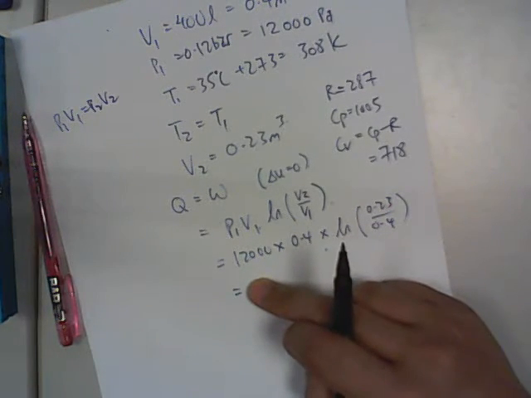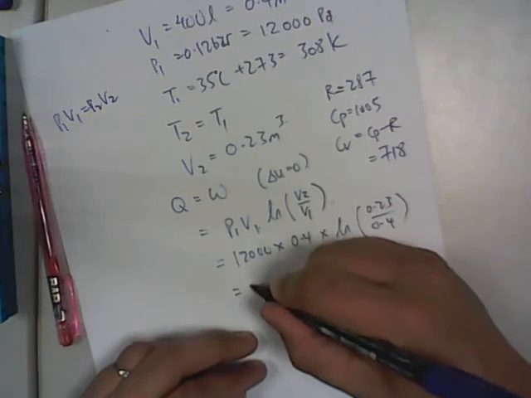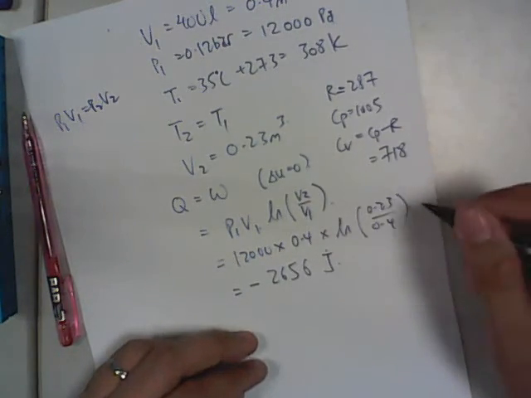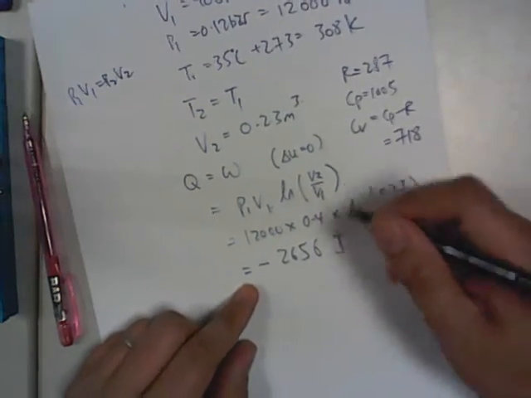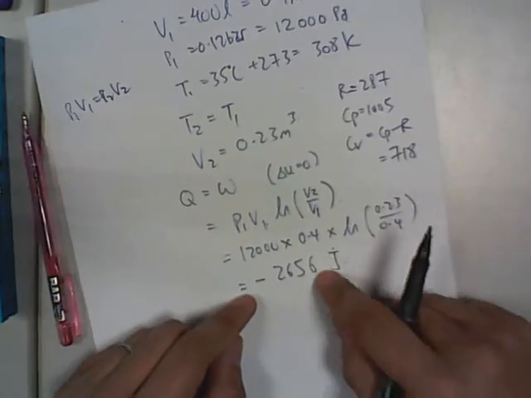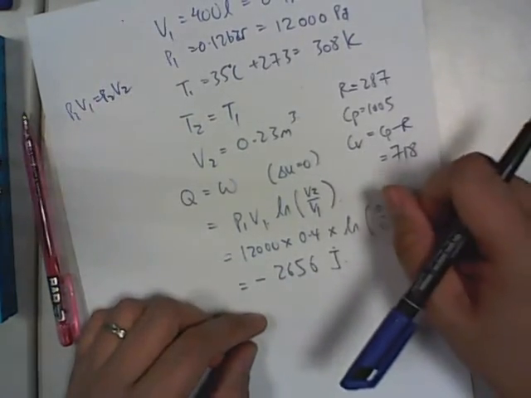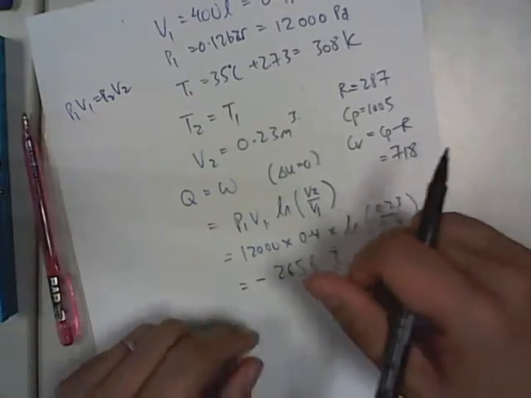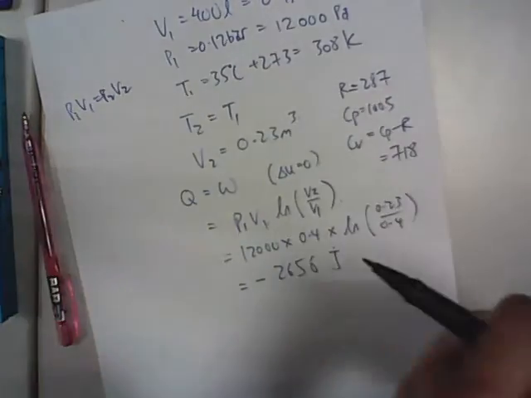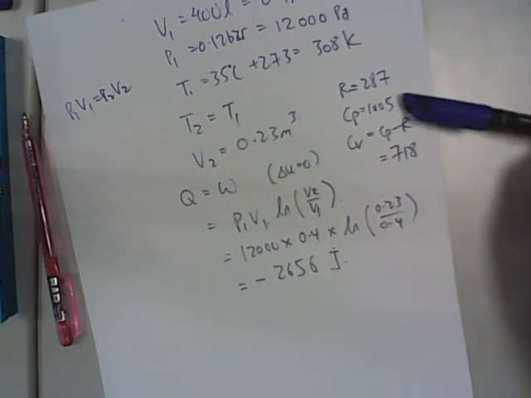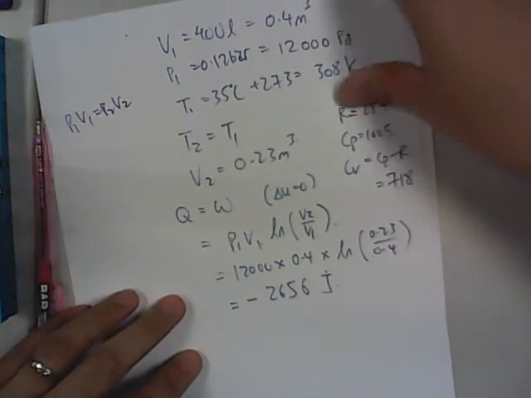So the heat transfer and the work done is actually a negative value, minus 2656 joules. If it is a negative work, then it is a work input. Work is input into the fluid. That's called work input. If the fluid is doing work, it is a work output. So this is for constant temperature.